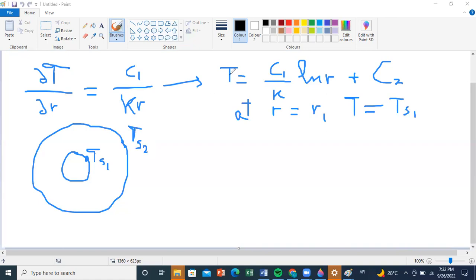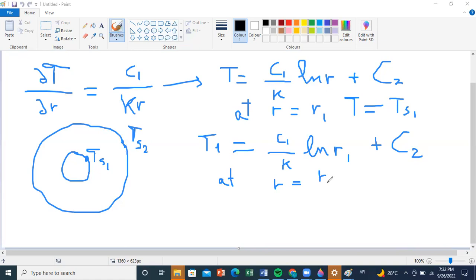What do we get? We get that TS1 is equal to C1 over K times ln of R1 plus C2. And now let us apply the condition at R2. At R equals R2, the temperature is equal to T surface 2.